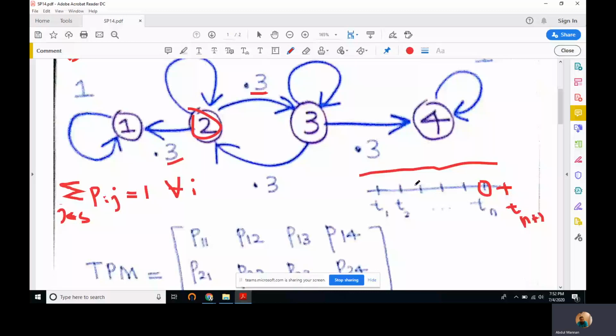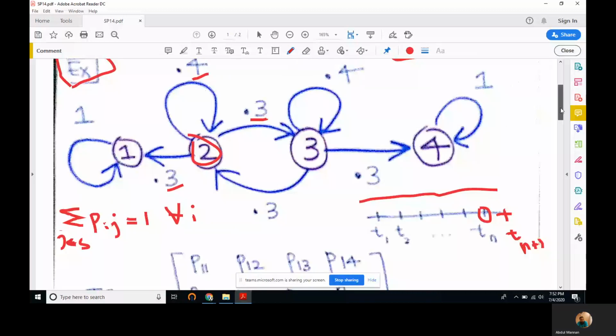But if it is 2, it can remain 2 at n plus 1, or it can be 3 with 0.3 probability, and with 0.3 probability it can be 1. The state cannot be 5 because 5 is out of the state space. So the state can be one of these 4 numbers at any given time in the process. We have assumed the process goes on and on.